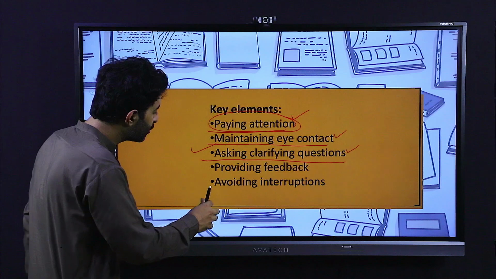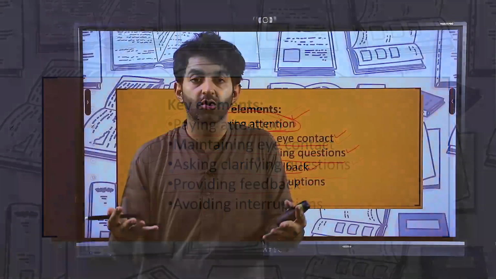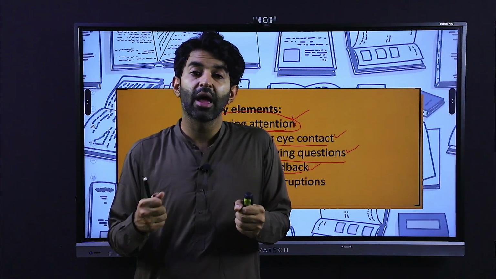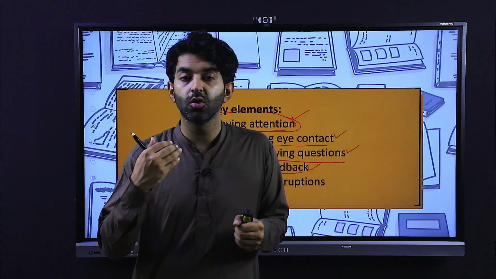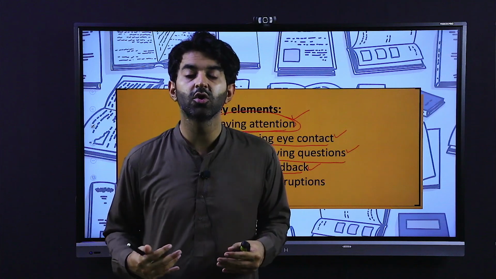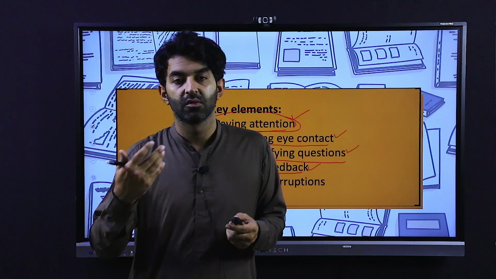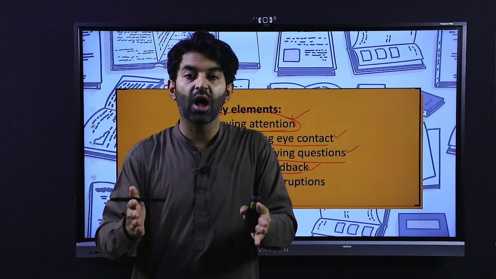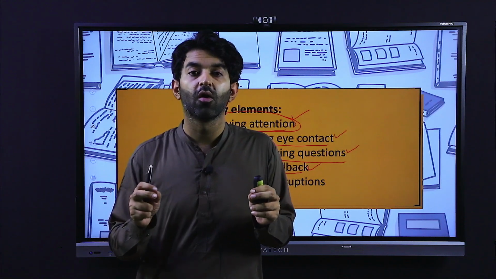Then we will provide our feedback. Now, students, we can provide our feedback in two ways: with our body language, with our verbal and non-verbal communication cues. Verbal cues include your speech. When you are saying yes or no, or when you are answering a question or asking a question, that is your feedback of the verbal category.